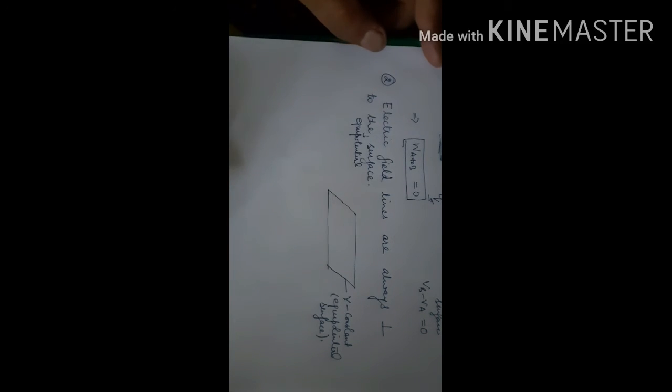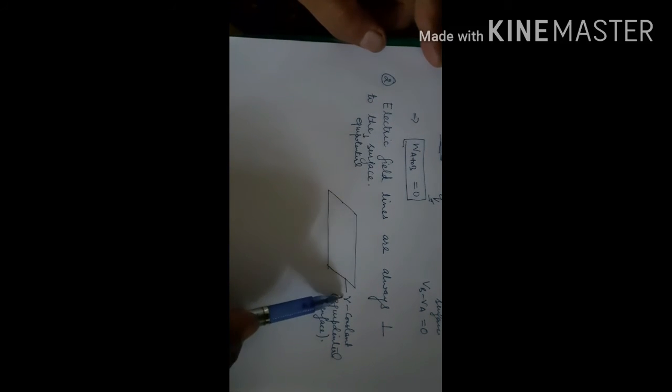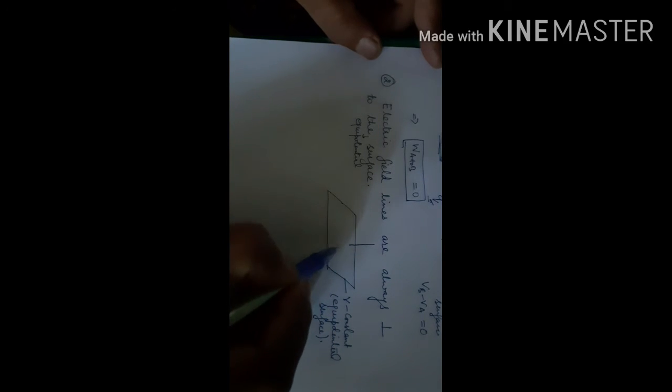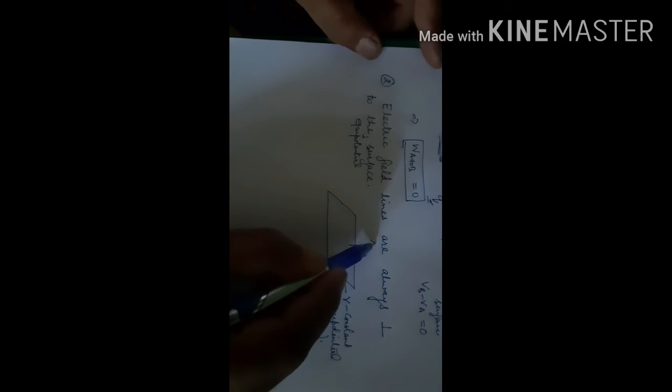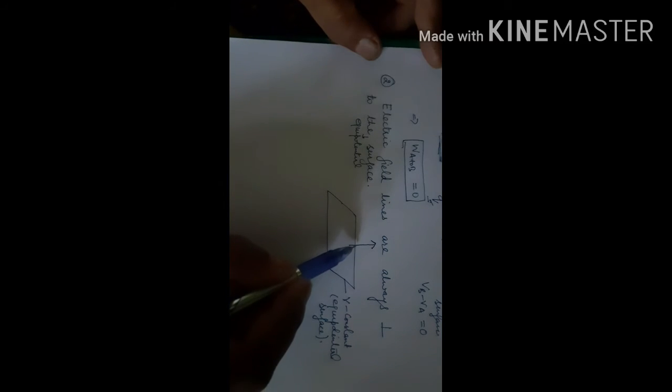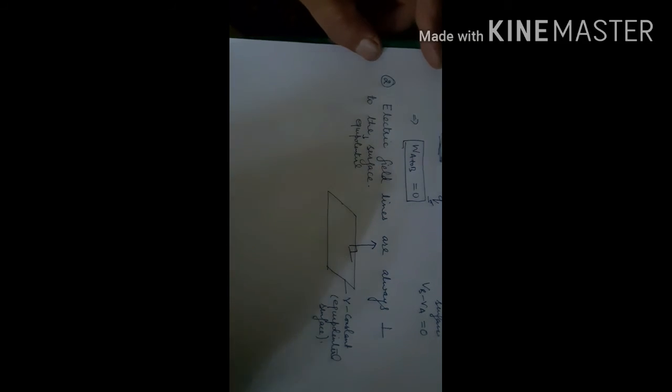For this, I have taken this equipotential surface where V is constant at each and every point on the surface. It says that the electric field lines emanating from or crossing this equipotential surface will be at a right angle, or perpendicular.